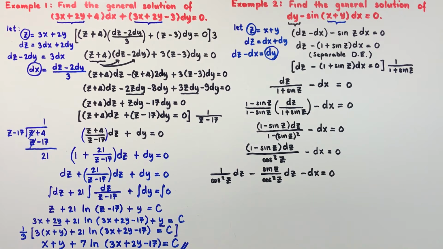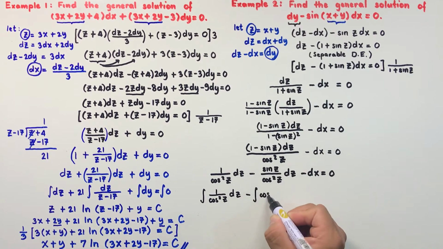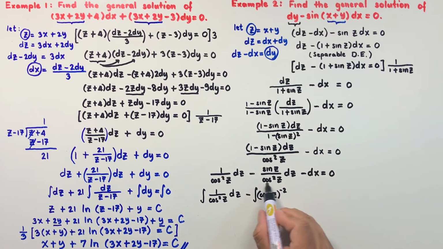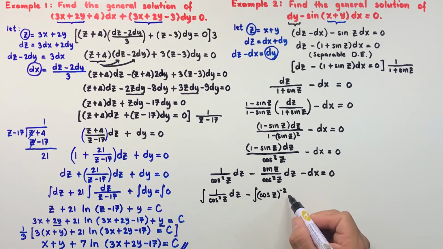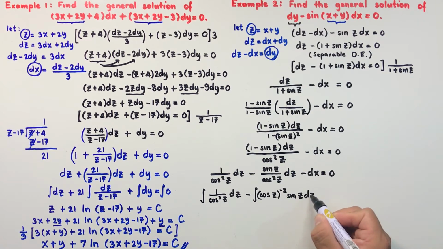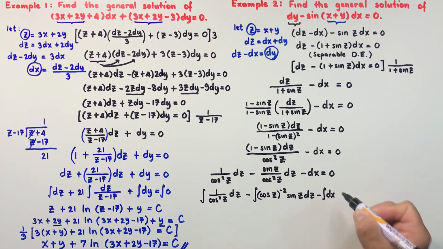And integrating each term in the equation, we have the integral of 1 over cosine squared z dz minus the integral of cosine z to the power negative 2, if you move this cosine squared z to the numerator, and this is multiplied by sine z dz, minus the integral of dx, which is equal to the integral of 0.